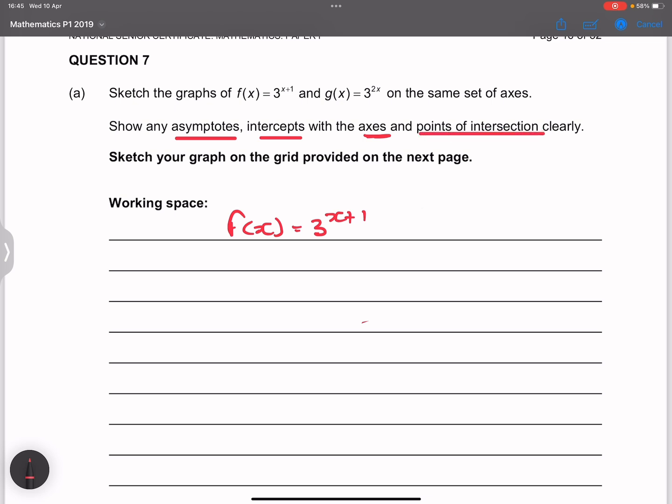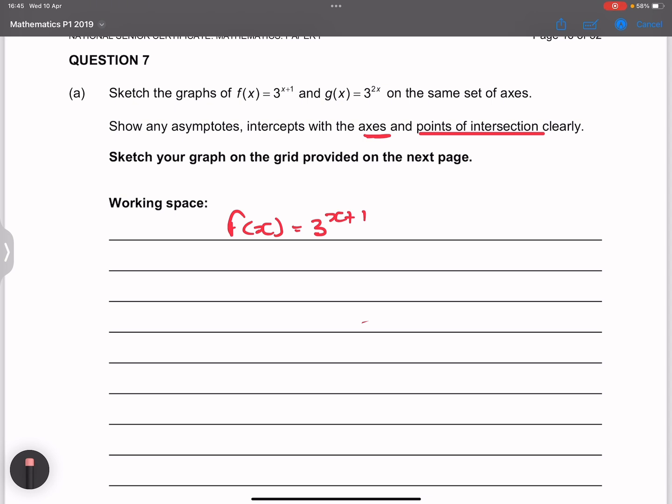Now, we know for the exponential graph, we need to make sure that we get that correct. We know that our asymptote is going to be at y is equal to 0.